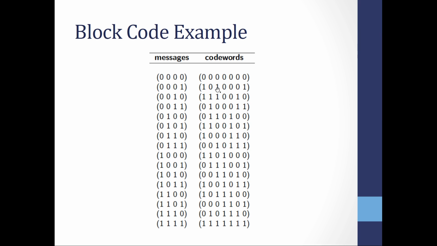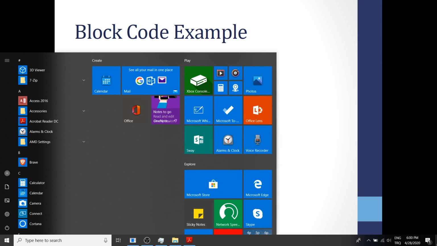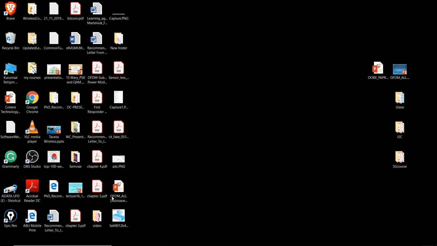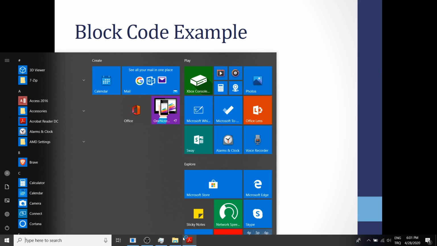As you can see here, the message itself is put at the end of the code, and then you put some other bits. Let me open the marker so that you can see it more easily. Now with the marker you can notice it, hopefully.